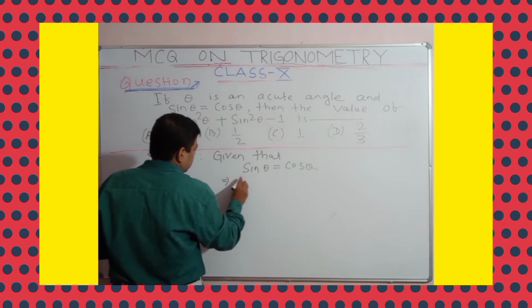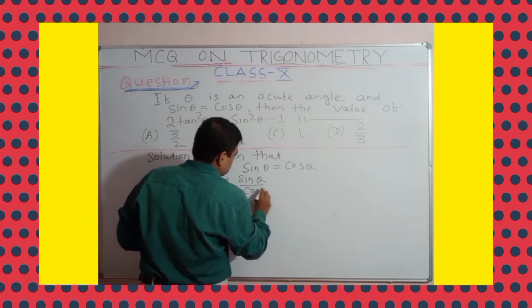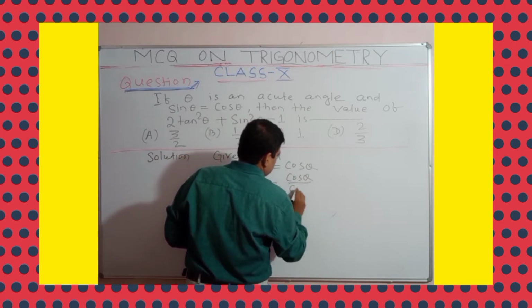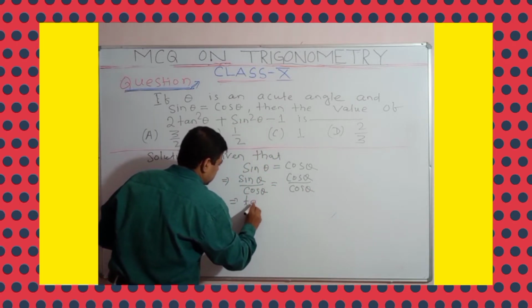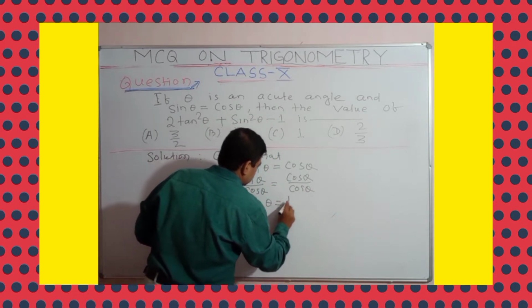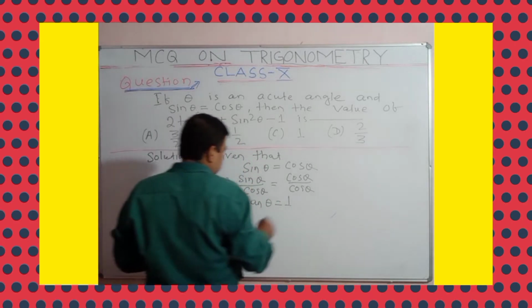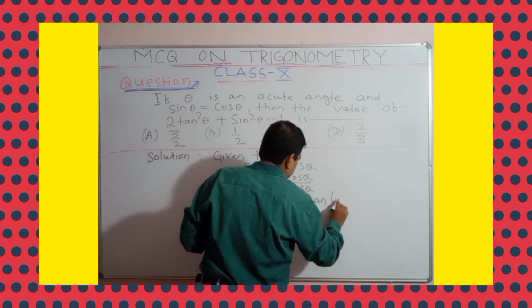That implies, dividing both sides by cos theta, sin theta by cos theta is tan theta, and cos theta by cos theta cancels, so the value will be 1. You know 1 is tan 45 degree.